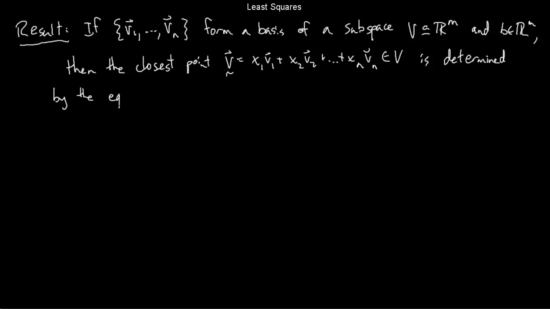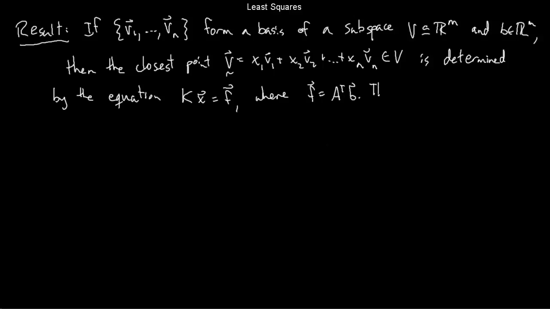And this equation should look very familiar because it should be exactly the same as the equation that we used to minimize distance. The equation is just kx equals f, where f is just A transpose b.